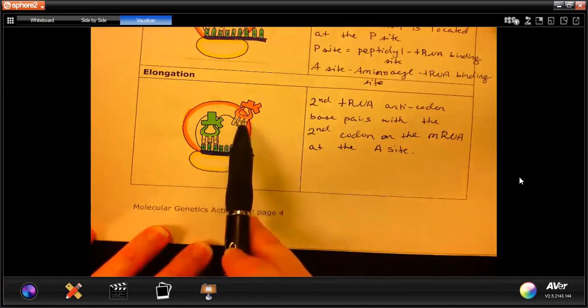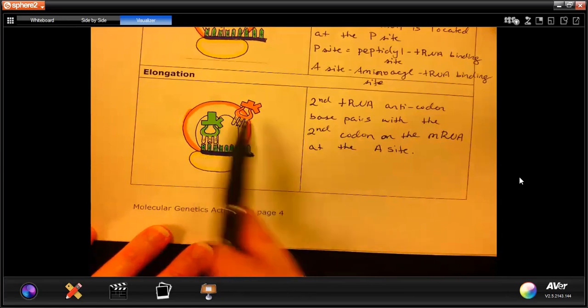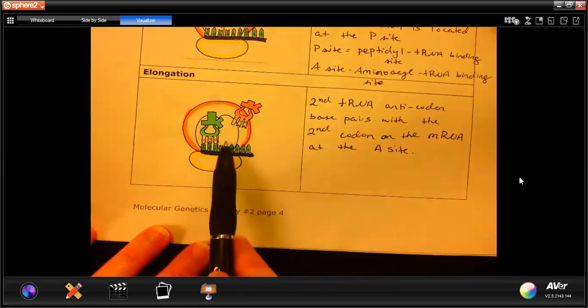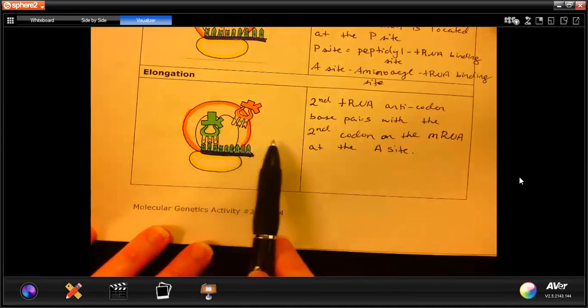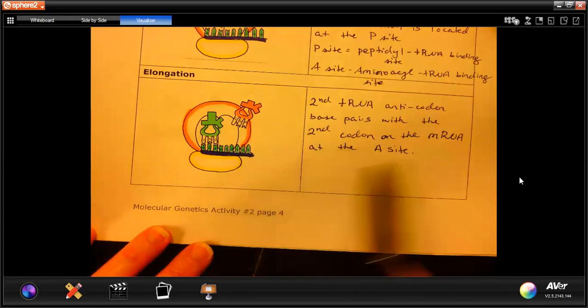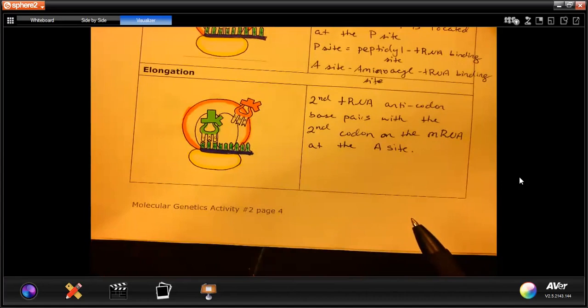And it should be noted that as the chain grows, the whole ribosome actually has to shift down to every codon. The ribosome is going to move along the mRNA so that we don't have repeating anticodon base pairings at the same spot, because you always want it to be the next three letters for that triplet language.